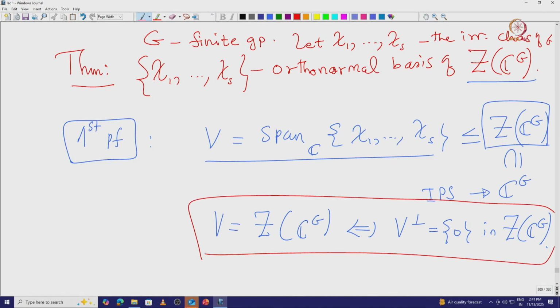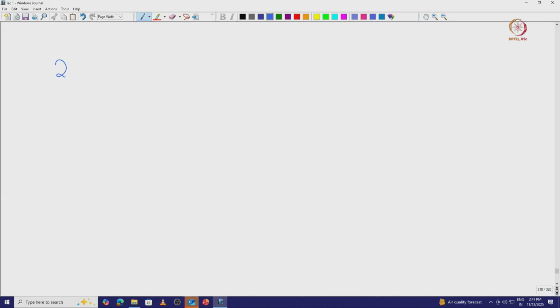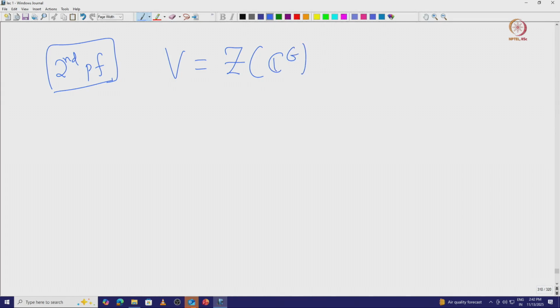But in the second proof, we directly prove that V is exactly equal to the space of class functions. By proving that we already have a very nice basis for CG itself. Recall that the matrix coefficients of all these irreducible representations are going to be an orthogonal subset of CG.